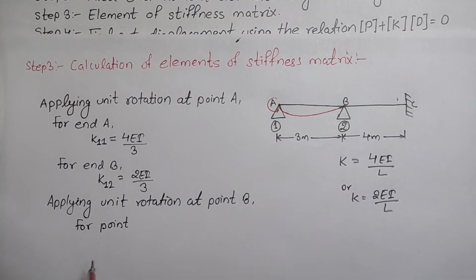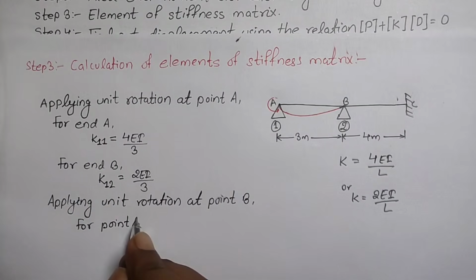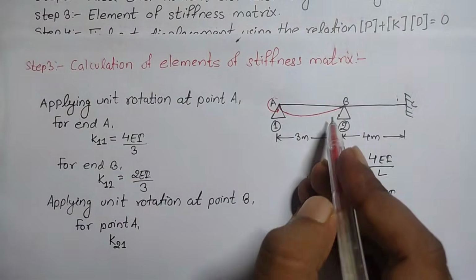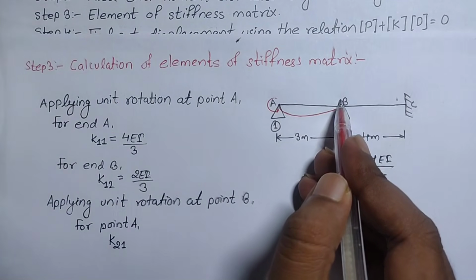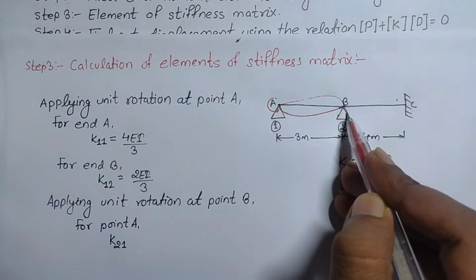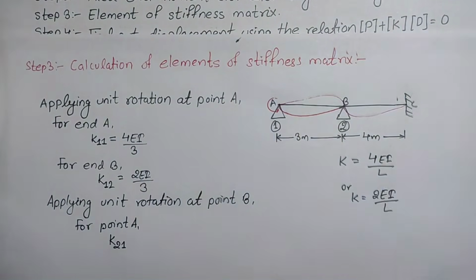So guys, for point A we will have K21, and the deflected diagram for point B will be of this manner, and here it will be of this manner.